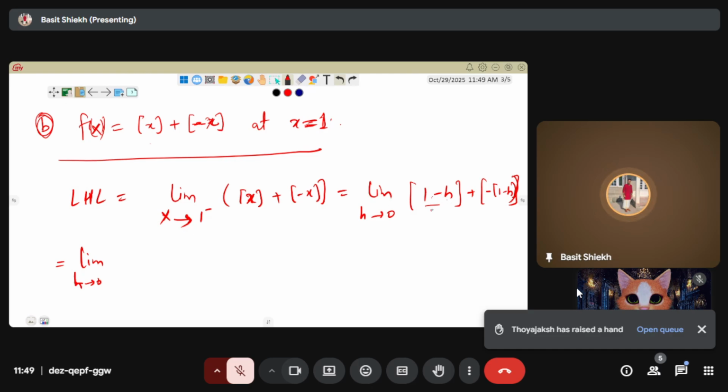So greatest integer of it will be 0. Its limit as h goes to 0 will become 0. Greatest integer of 1 minus h is 0 plus greatest integer of minus 1 plus h. Minus 1 plus h.